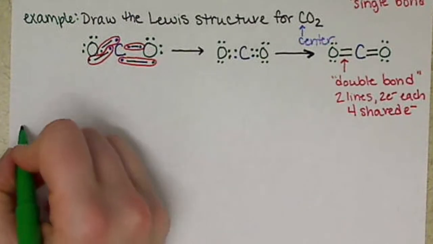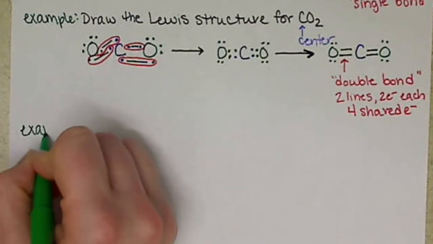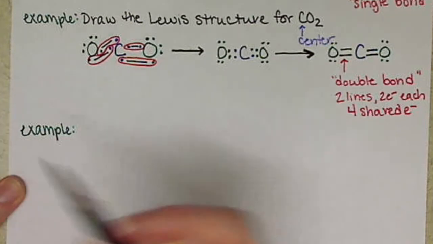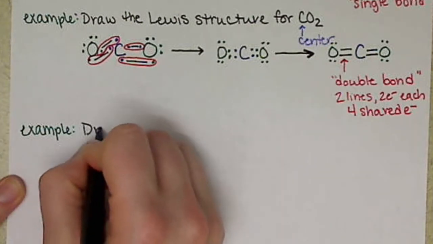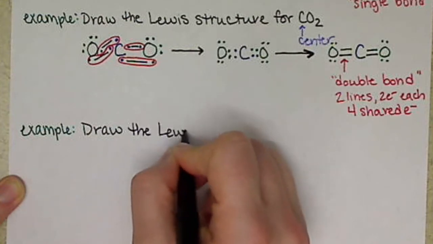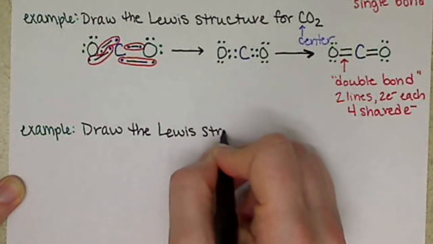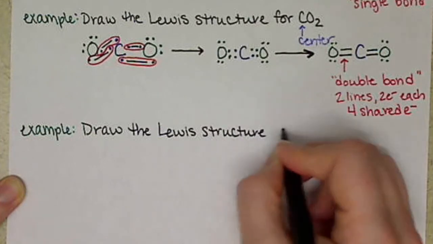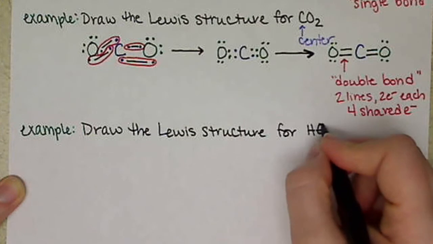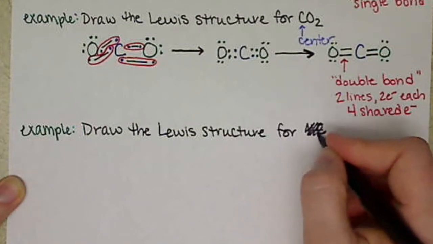Let's look at another example. Draw the Lewis structure for HCN. Just rewrite that.